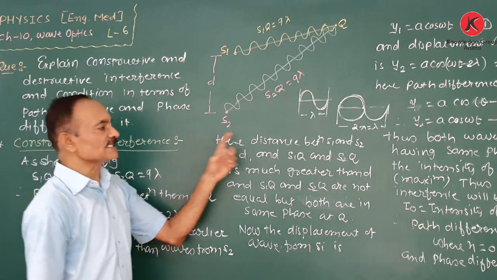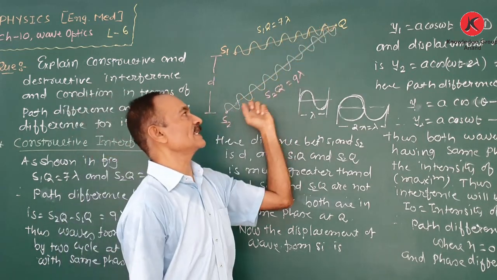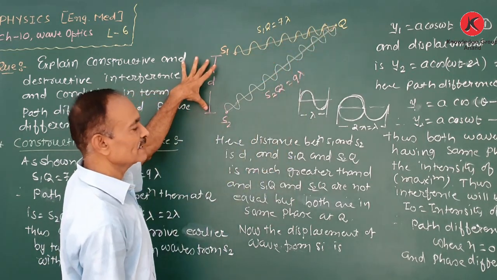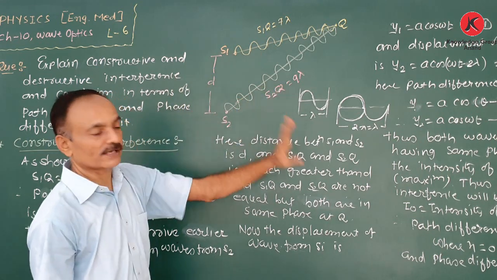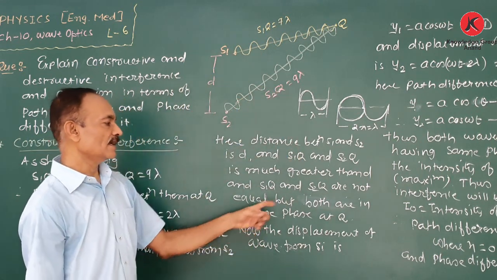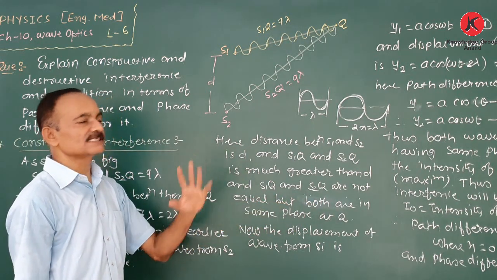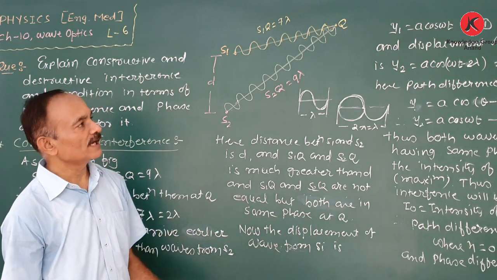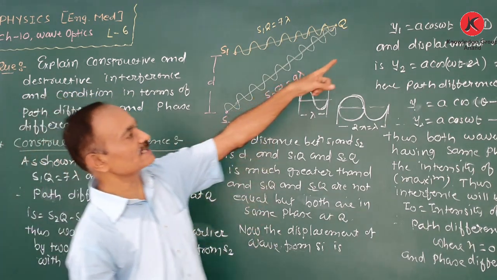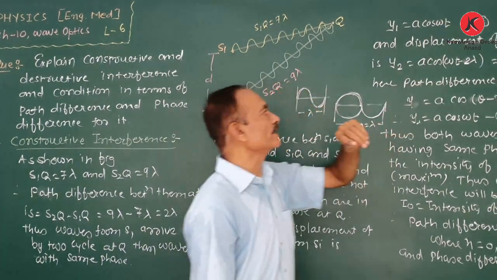So here the distance between S1 and S2 is d, and S1Q and S2Q are much greater than d. Also S1Q and S2Q are not equal, but both waves are in the same phase at Q. Therefore, the displacement of the wave from S1 is given by the equation y1 is equal to A cos omega t, equation 1.